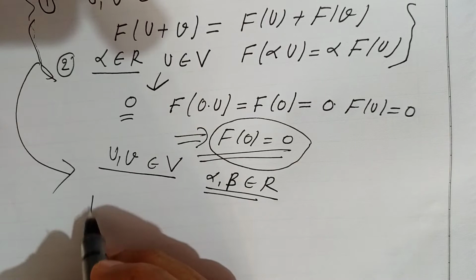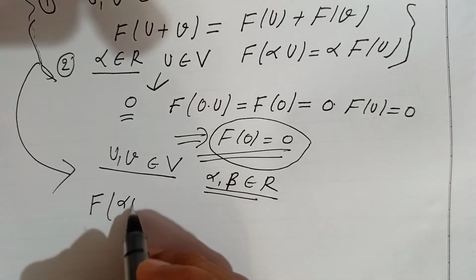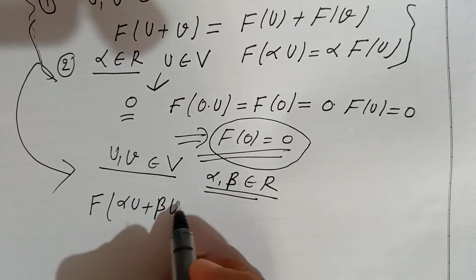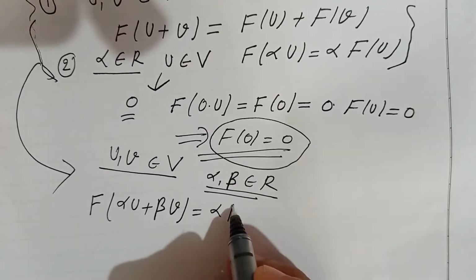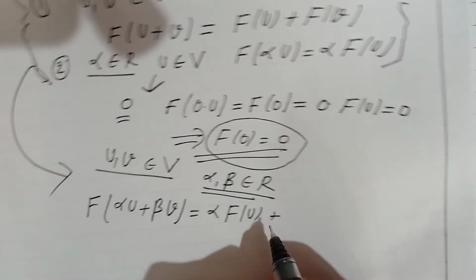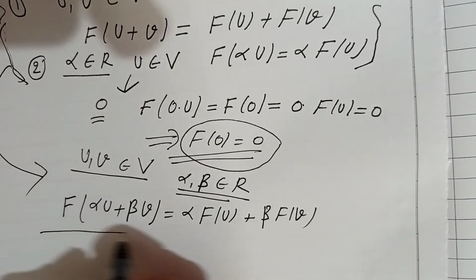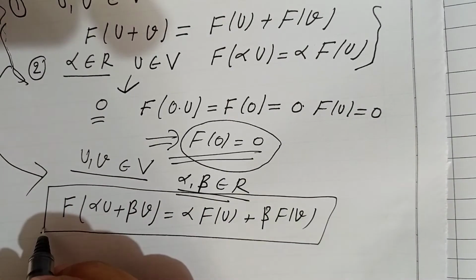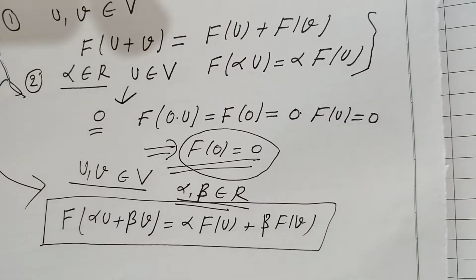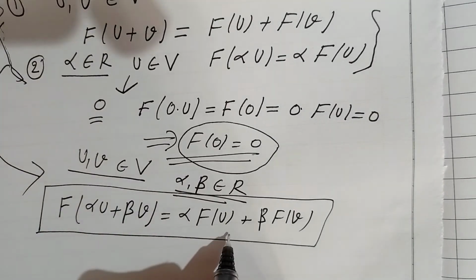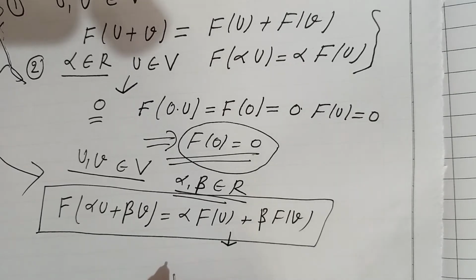Then we can write f of alpha u plus beta v equals alpha f of u plus beta f of v. So this is the single property of the linear transformation, and with that property you additionally have to add that the image of the 0 vector is always the 0 vector in the linear transformation.